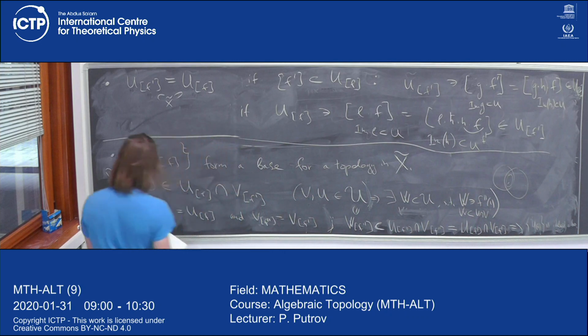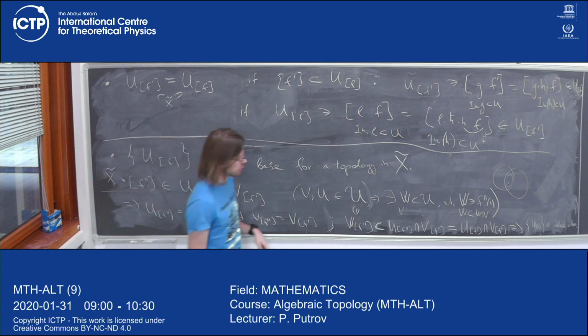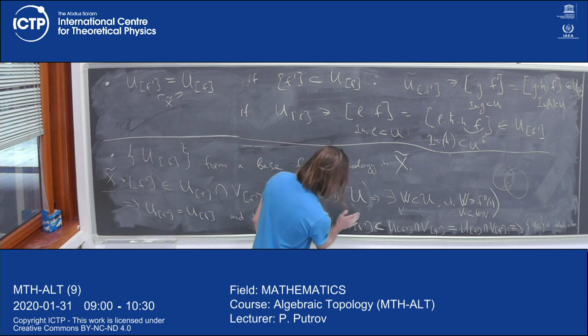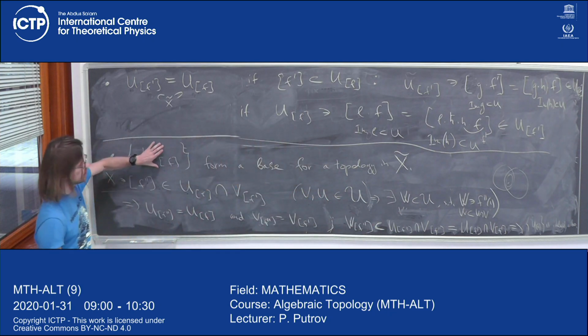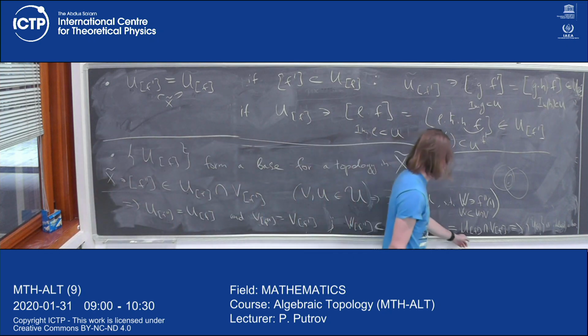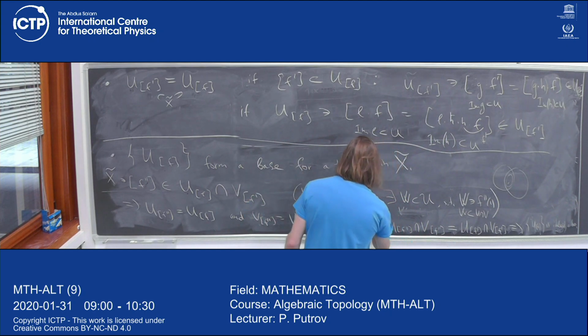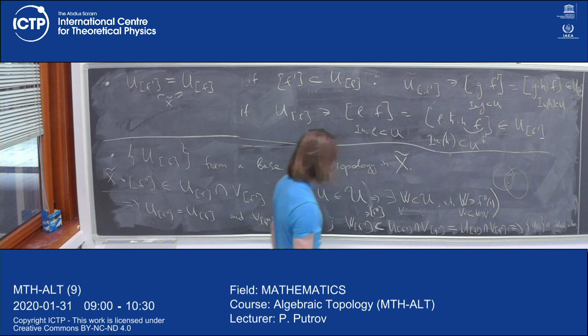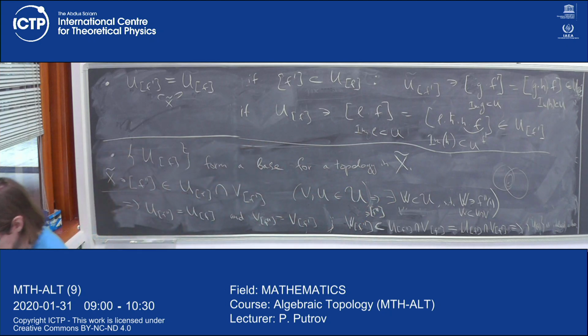Because we showed that for any point in the intersection of an arbitrary pair of sets in this collection, there exists a third one, this one, belonging to this big collection, such that it contains the class because of this condition, and it's also inside this intersection. Questions?